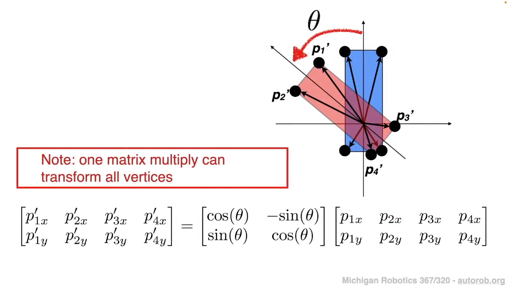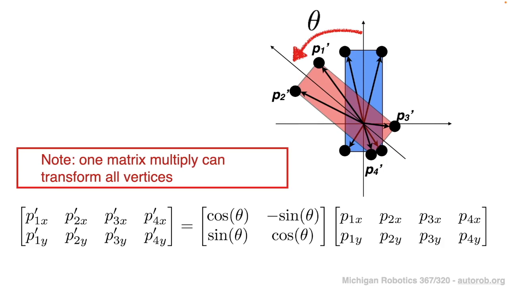All right. So the other thing that we can point out about this convention of using matrices to represent rotational transformations, one nice property is that we can consider this transformation applied to a set of points as a single matrix multiply operation. So in the case of our 2D rectangular box geometry, we could transform all 4 of the vertices using a single matrix multiply, as shown on the lower portion of this slide.